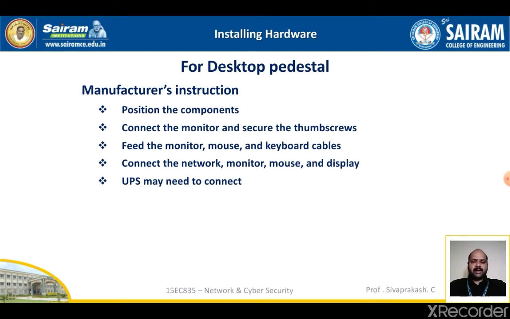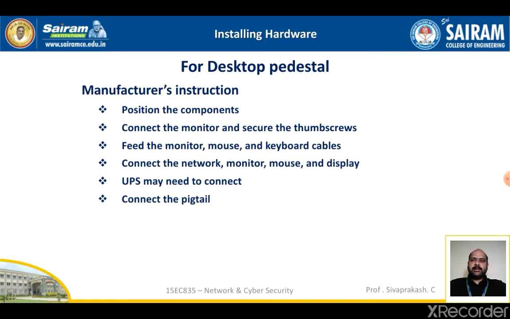So when we are going to connect the system to a UPS, the necessary precautionary steps as well as the instructions given by the manufacturer of this UPS and the particular desktop have to be followed. Based on that, the UPS can be appropriately connected, and the same can be connected to the desktop for power fluctuation protection and power connectivity.